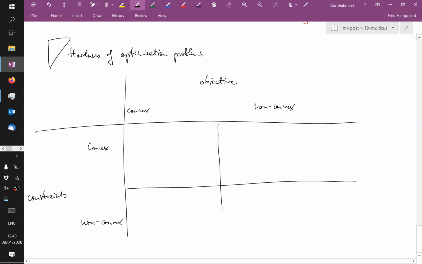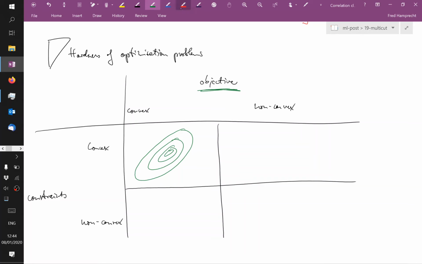So let's say convex objective. A parabola, for example, is convex. Let's say the objective I'm going to plot in green. It doesn't have to be an isotropic one. I could take one like that.